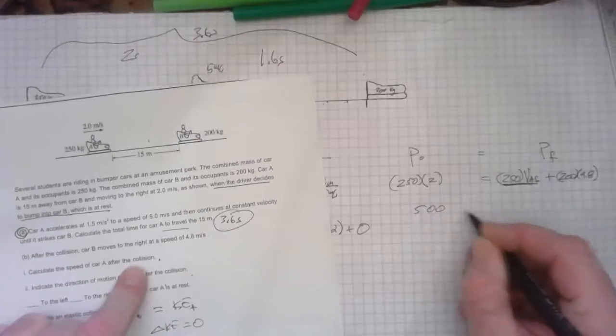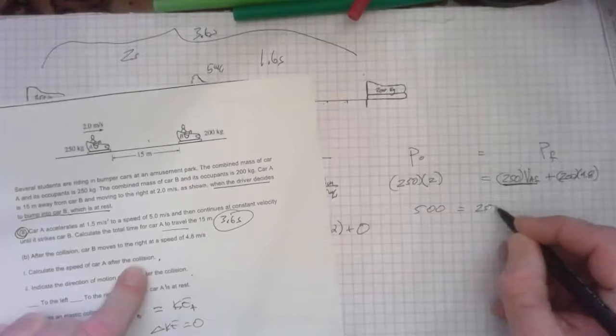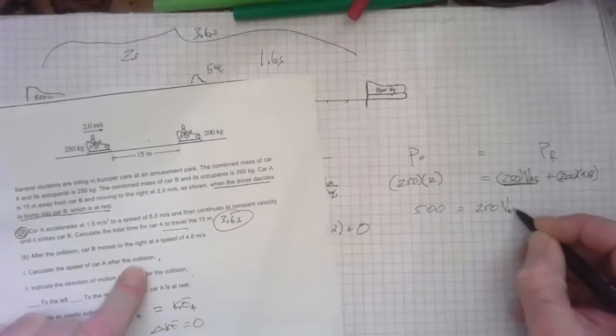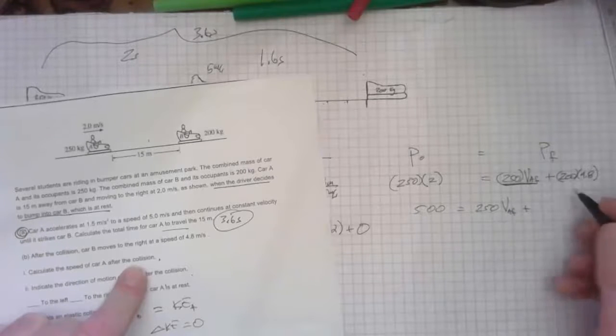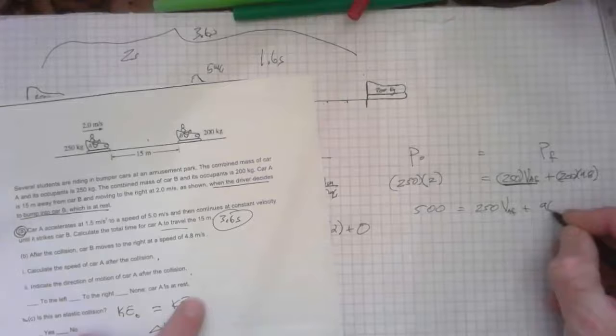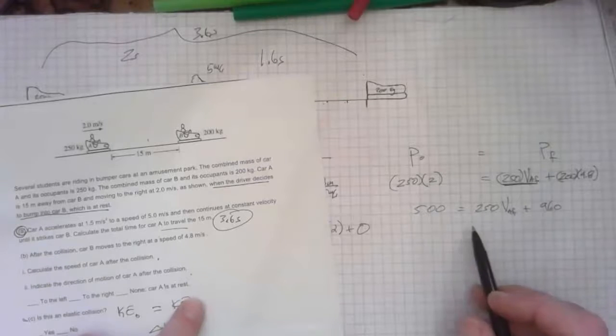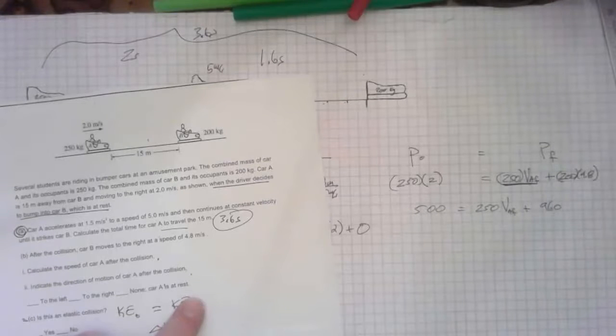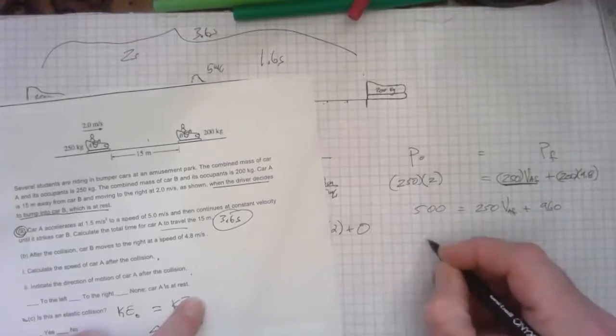You've got 500 equals 250 times the velocity of car A after, plus 4.8 times 200. I could probably do that in my head, but why would I risk it? 960. Subtract the 960 from both sides. That's going to be 460, but it's going to be negative.